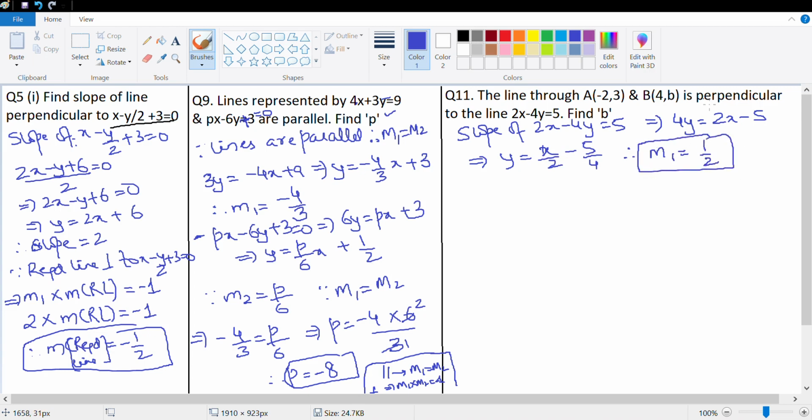So we know the slope of line 1. We need to find the slope of the other line, and we know that this line is perpendicular.